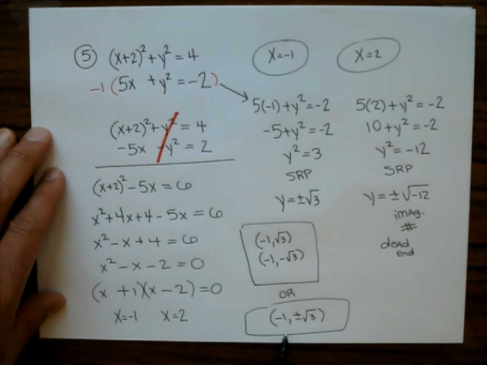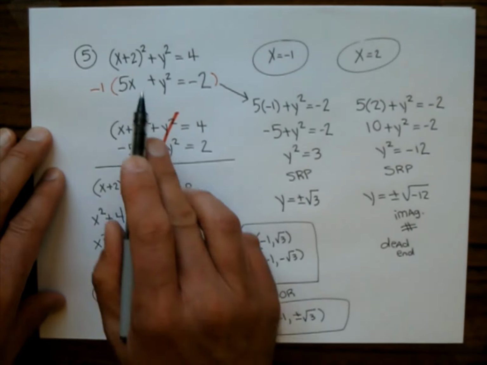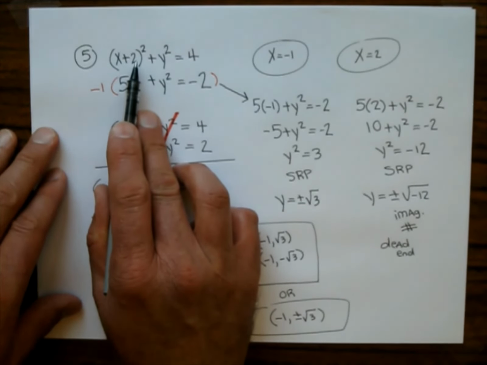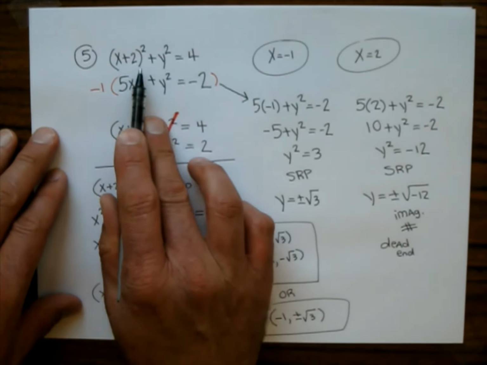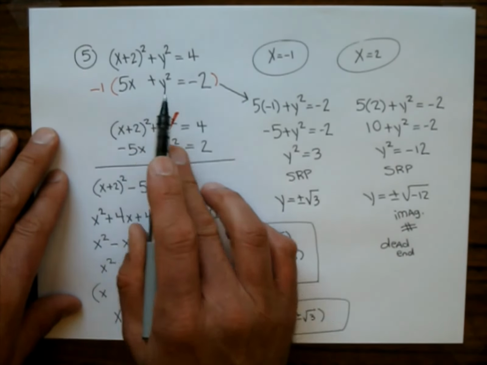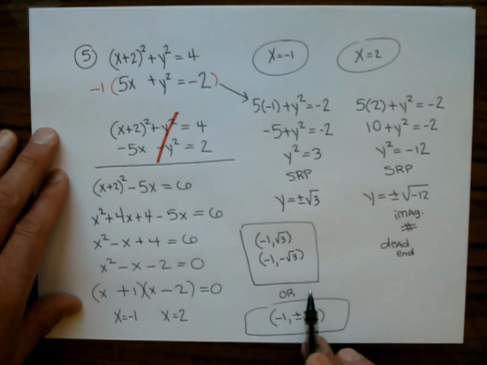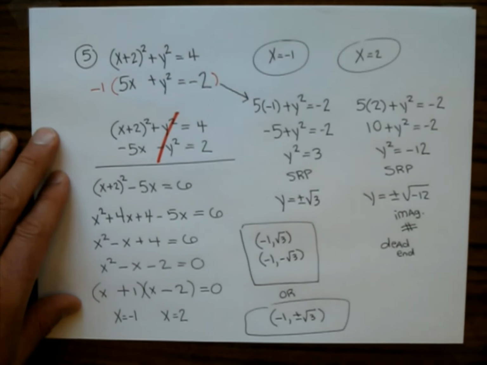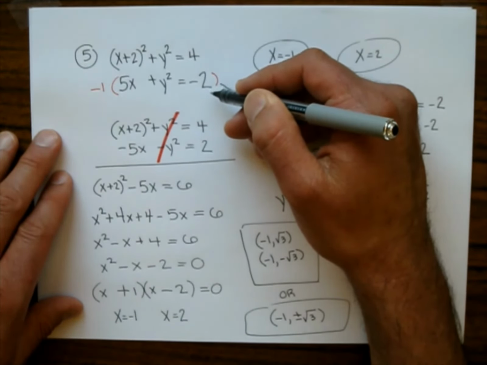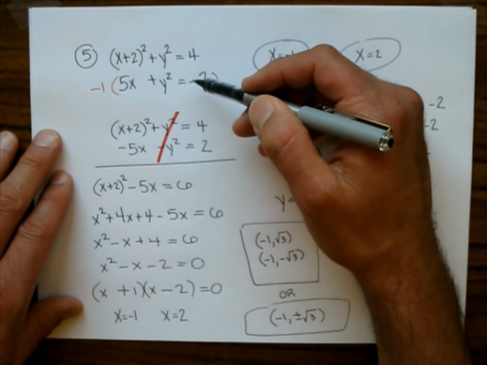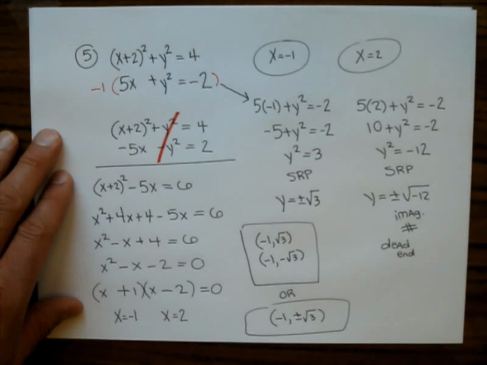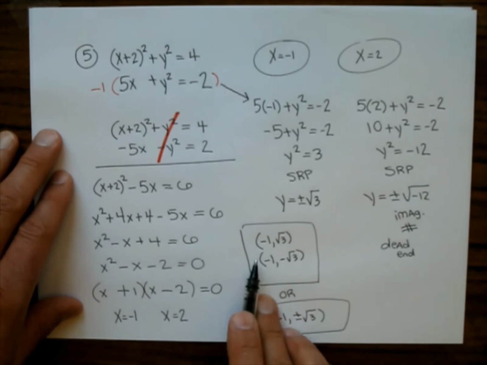Now, the purist would go ahead and plug these 2 points into the other equation just to make sure they work. But in our homework, if you always pick the simplest equation, like this one was the simplest equation, especially when one's a function, you won't get extraneous solutions. But there are times when you have nonlinear systems, and if you don't have as much symmetry, you'll end up getting extra solutions, and you've got to make sure that they work.